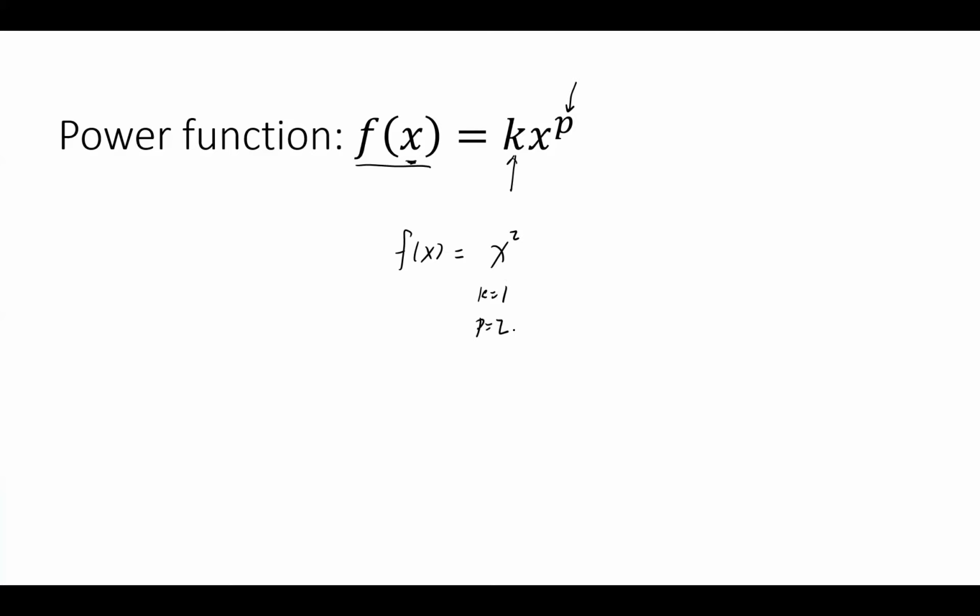So what this means is that we are raising x to the power of p, right? So this is a power function. And there are many other examples we haven't looked at before.